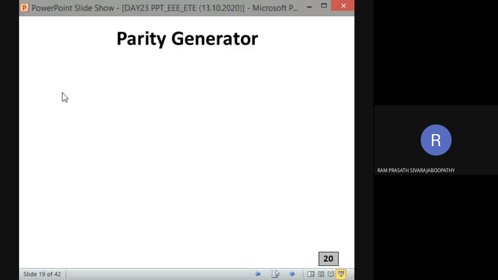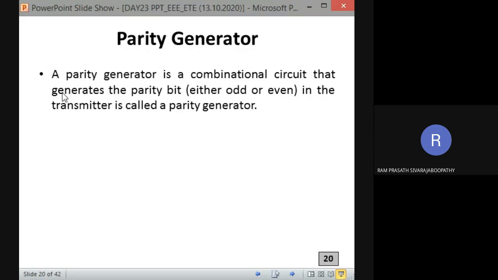Fine. Now, parity generator. We will go with the parity generator. A parity generator is a combinational circuit that generates the parity bit on the transmitter side. That is called a parity generator.